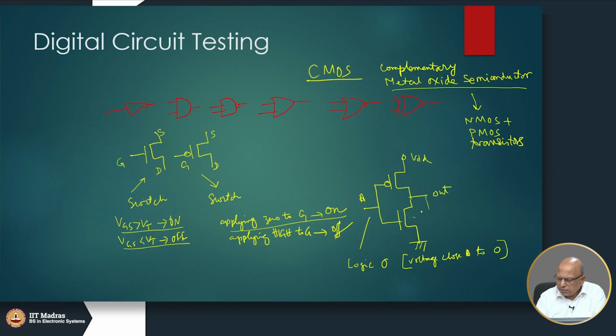If there is a capacitance at the output of the gate, the capacitance will draw a charging current from VDD, and when the output becomes close to VDD, the PMOS cannot conduct anymore, because the source is already at VDD and the drain is close to VDD. So, there is not enough voltage across the transistor. So, it will turn off, but effectively the capacitance became charged and as a result the output became 1.